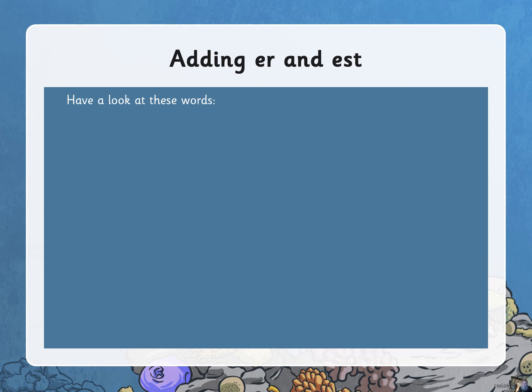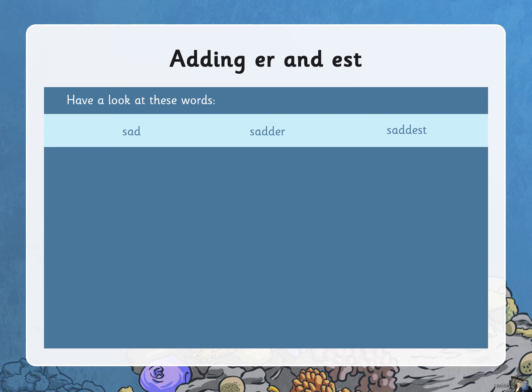And now another spelling rule. Let's see if we're beginning to remember these because they are the same. Have a look at these words. Okay, I'm going to give you a clue here. We have sad, s-a-d. A is a short vowel sound, and then it's followed by our consonant d.